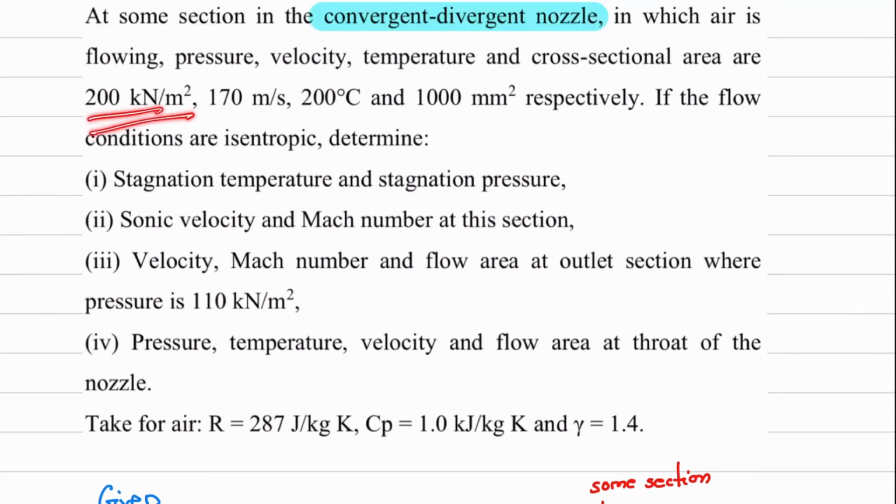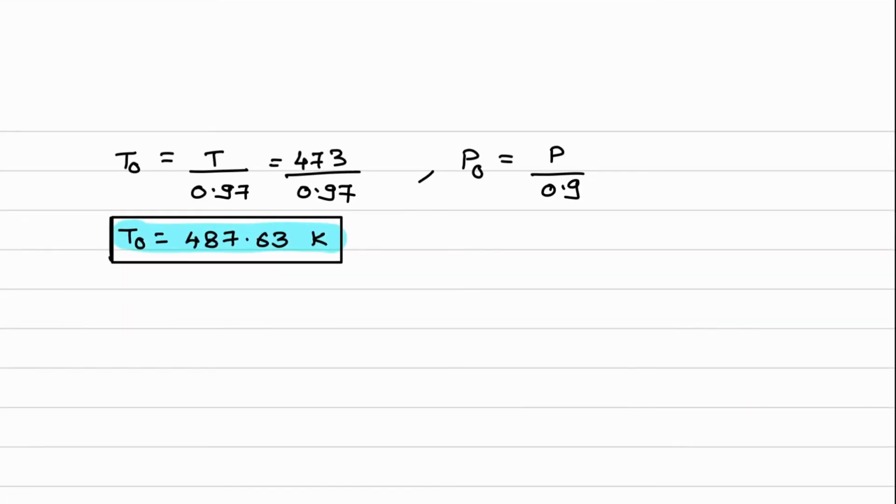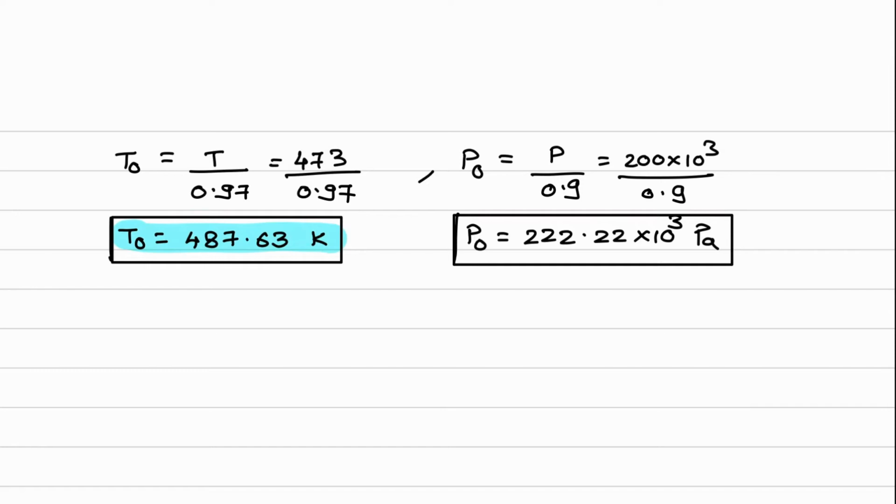Please make a note that in this equation I have to substitute in Pascal, Newton per meter square. So it will be 200 into 10 raised to 3 divided by 0.9. So P0 value will be equal to 222.22 into 10 raised to 3 Pascal. Okay, so this is the next answer.